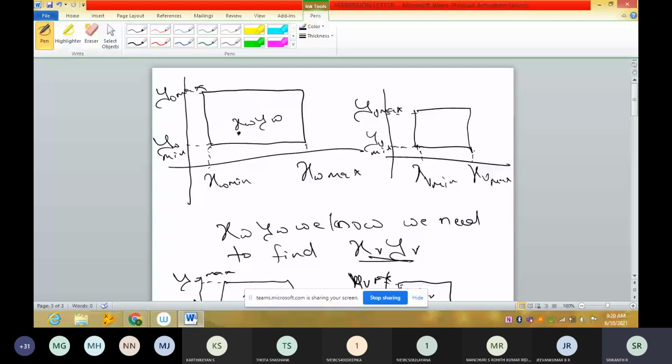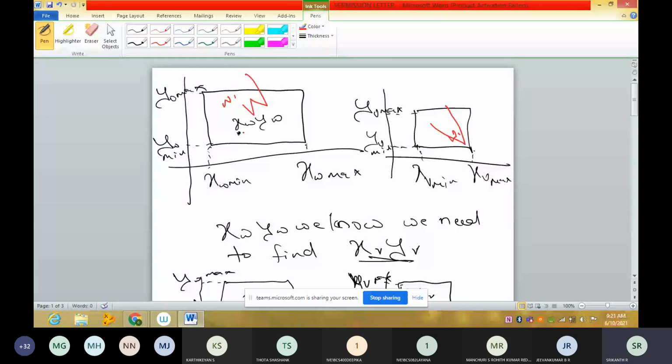This is the window, and even this is the window here. So this is the world window and this is the viewport. Sorry, this is the viewport. This is the world window.